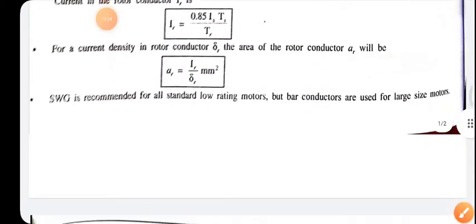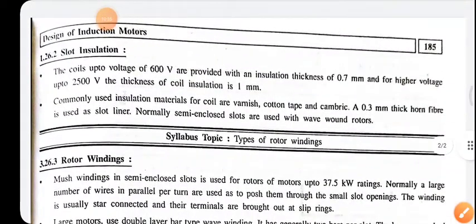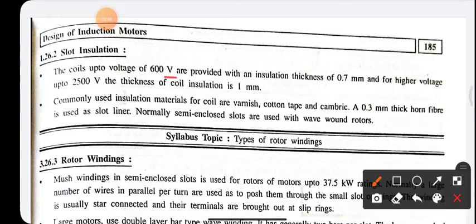Then we talked about slot insulation: up to 600 volt the insulation thickness is 0.7 mm, whereas up to 2500 volt the thickness is 1 mm. The insulators used are varnish, cotton tape and cambric paper.